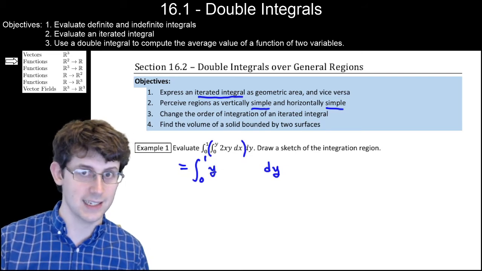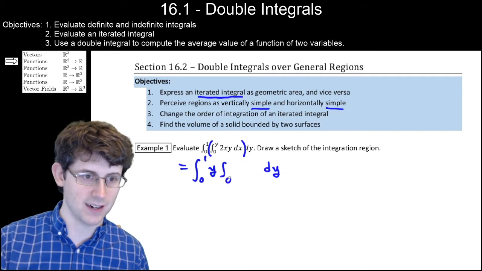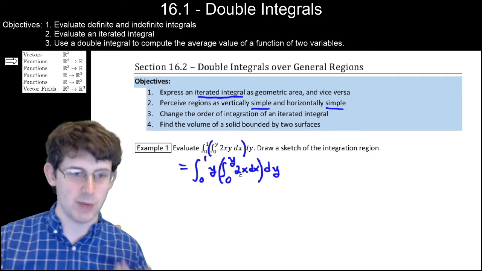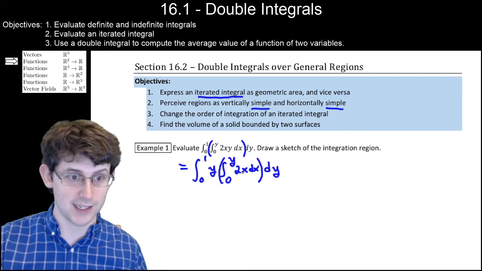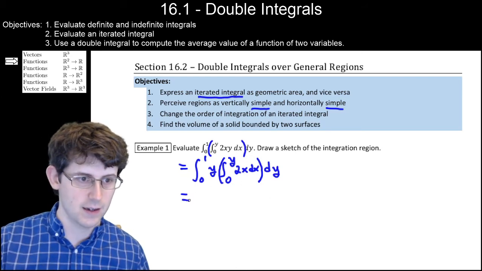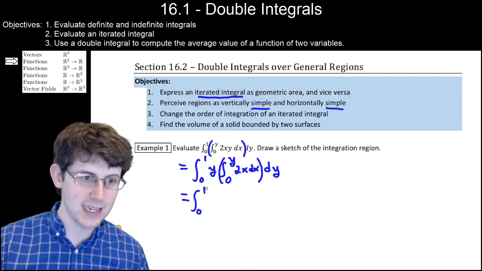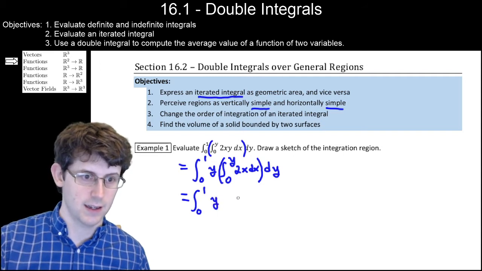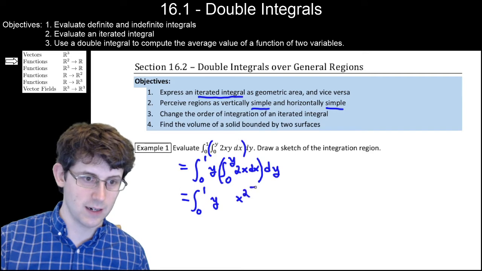Here, y does not depend on x, so I can factor out y. Technically, I could have taken the 2 out also, but I was happy to keep the 2 because the integral of 2x dx is x squared. Now the key here is this y is not part of our inner integral anymore. It's just chilling here. And the integral of 2x dx is x squared.